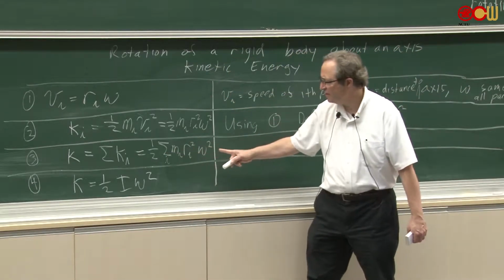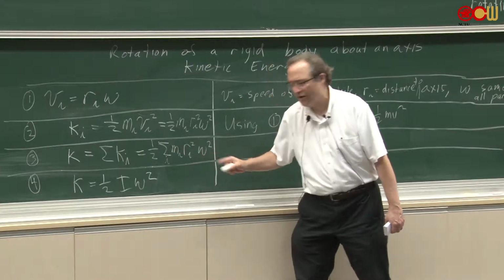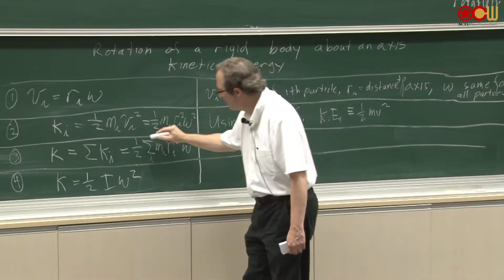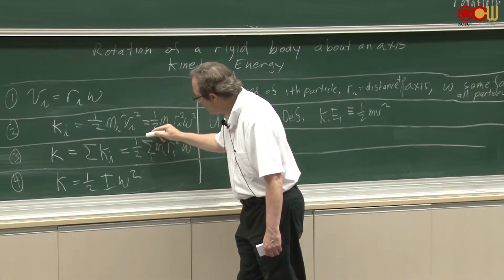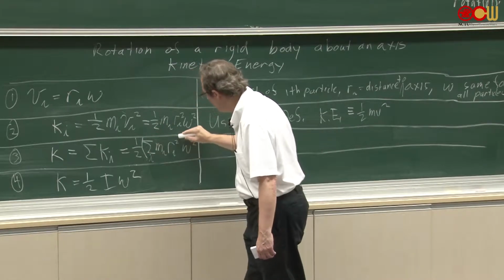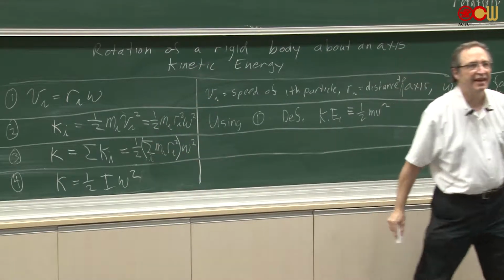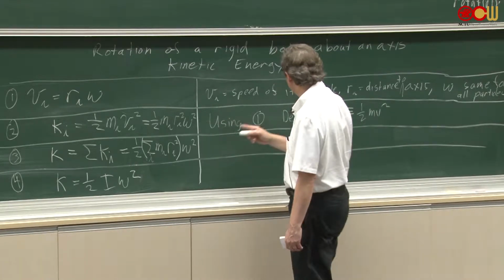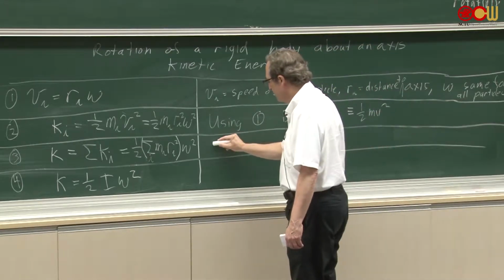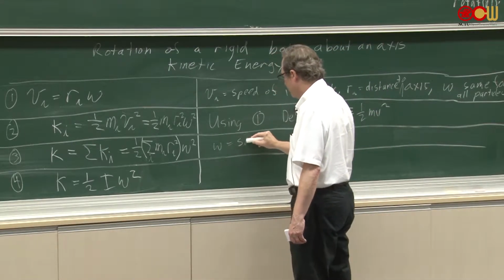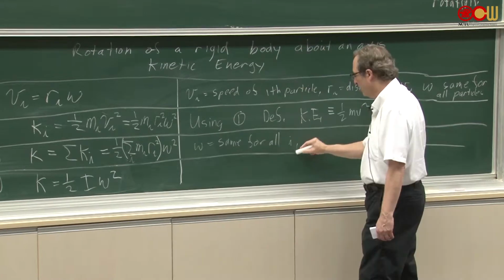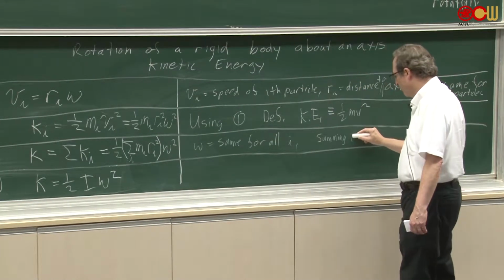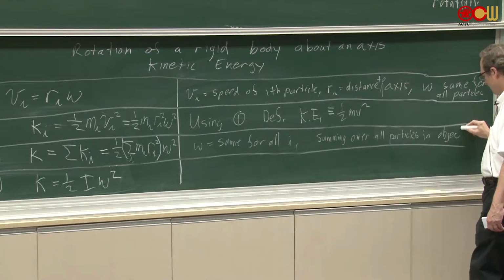Do you notice anything about each of these terms? Omega is the same. So I want to put parentheses around that to indicate I don't need to put omega inside the sum. This uses the fact that omega is the same for all i, and all I'm doing is summing over all particles.